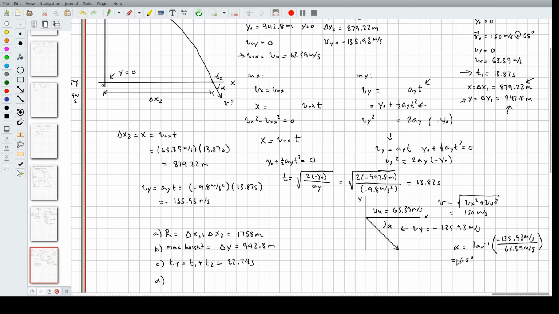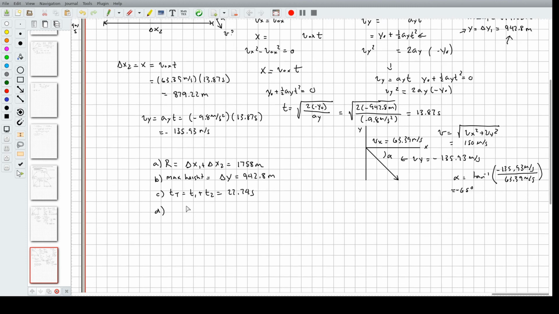But it's negative because of the negative sign here, so it's below the x-axis. So what is our final velocity here? It is 150 meters per second with an angle of 65 degrees below x, or negative 65 degrees works.